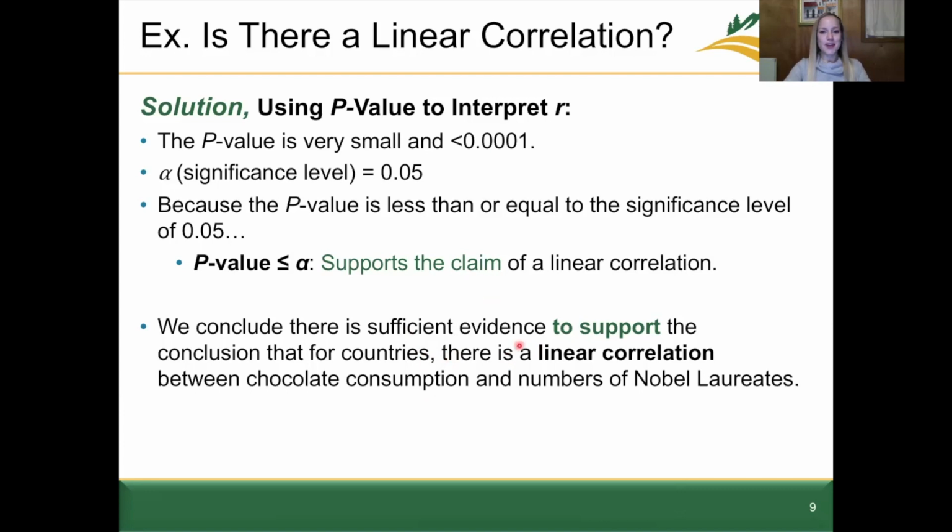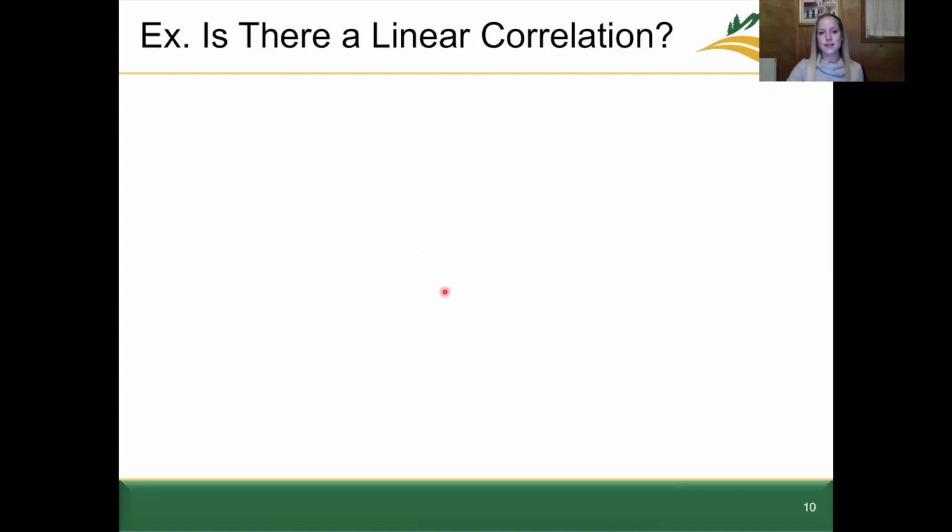We're going to solve this one other way next, but we'll still keep in mind that requirement number 1 wasn't quite truly satisfied. So this method involves solving for a t-test statistic, then from there finding a p-value. Then we compare our p-value to our alpha value in order to make some sort of conclusion. The other way we're going to solve this now is using table A6 to interpret our R value.